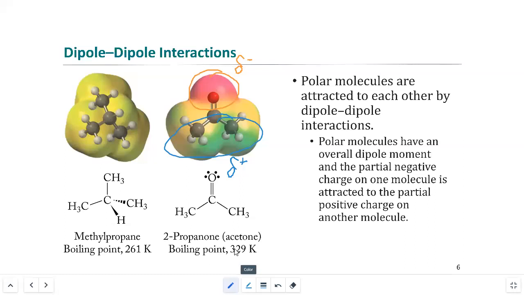And while it isn't as good as an ionic bond, and it's not even as good as a covalent bond, there is still a level of attraction there that is noteworthy. It's going to draw these molecules together and make them just a little bit harder to separate. And what that means in terms of physical properties is that it's going to require just a little bit more energy to cause phase changes. Higher boiling points, higher melting points come as a result of that.